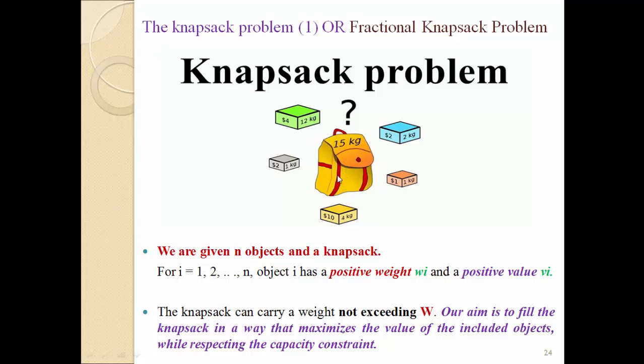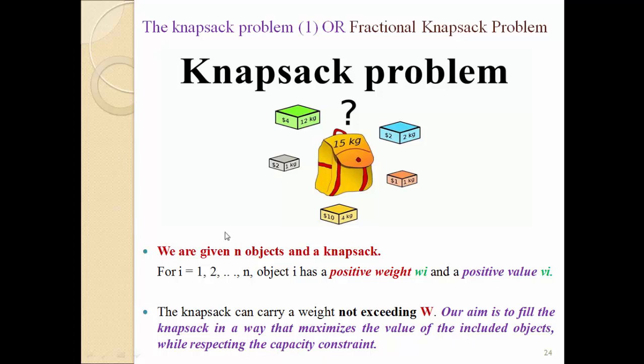Another thing is, this knapsack itself has one capacity constraint. It means that the knapsack can carry a weight not exceeding capital W. So the knapsack has a capacity constraint like 15 kilogram. It indicates that this knapsack can carry a maximum of 15 kilogram. And our aim is to fill the knapsack in a way that maximizes the value of the included objects while respecting the capacity constraint.